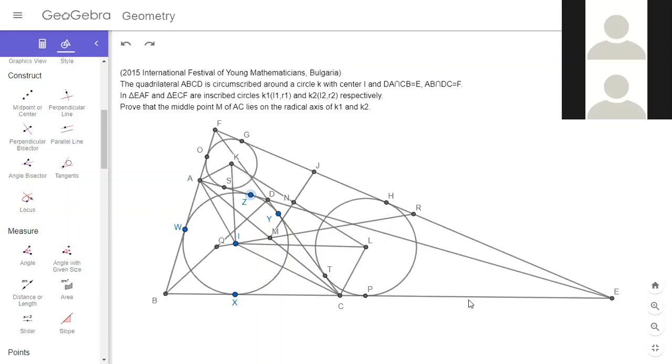It kind of feels like the gliding principle. So can you draw the angle bisector of AIC? Okay, one sec. Yeah, that's not parallel to MJ.